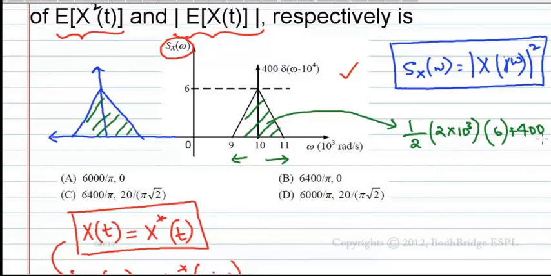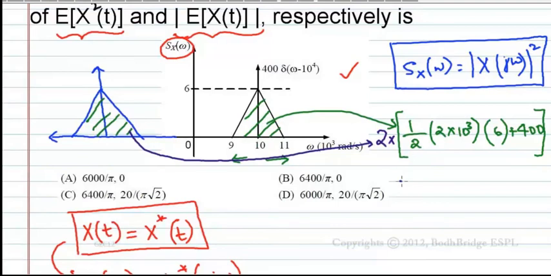The weight is 400. And this whole thing into 2, I will write. Why? Because this area on the other side also comes into the picture. Total area under the power spectral density gives power.